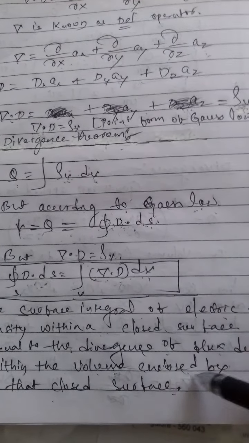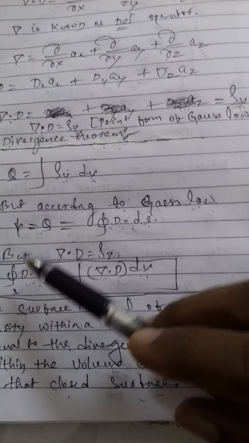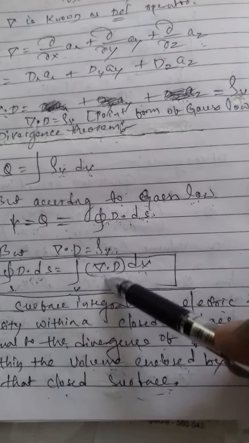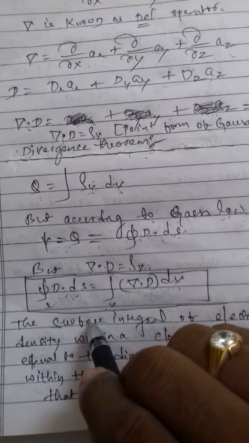The closed integral over S of D dot dS is equal to the integral over v of del dot D dv. This one is the divergence theorem.